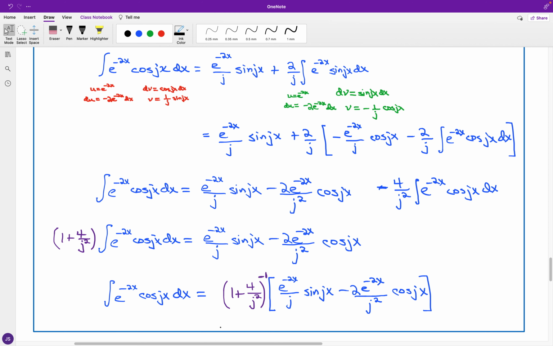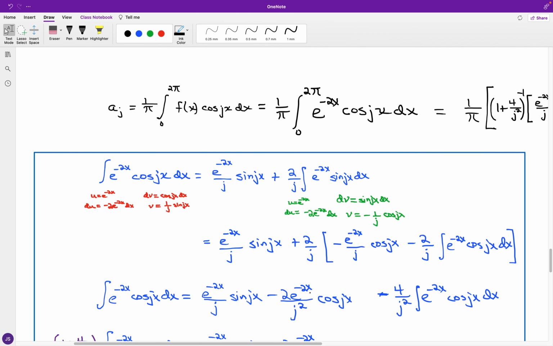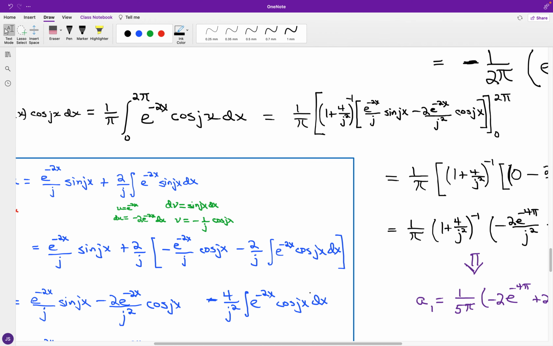So I can say that I have 1 plus 4 over j squared to the negative 1, and then we have times all of what I have with the combinations in e, as well as the sine of jx and the cosine of jx, followed by a constant, and taking what I have in j and x and the antiderivatives and applying to the numerical integration.